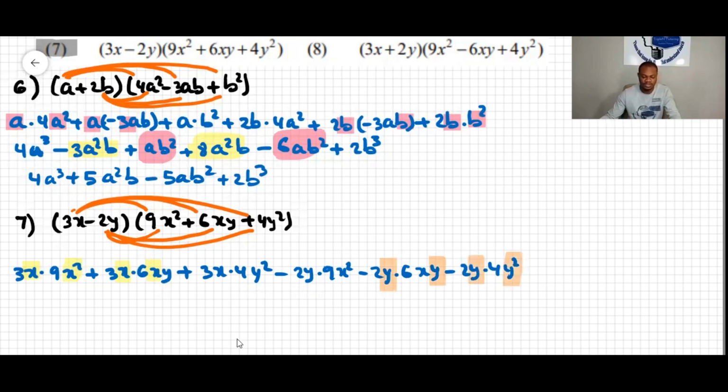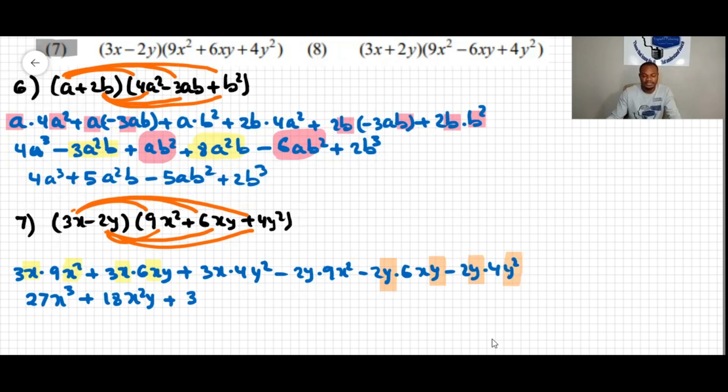So we can write 3 times 9 makes 27x to the power 3, plus 3 times 6 is 18. Now x and x here makes x squared and then y. Plus 3x times 4y squared, not 3 but 12.